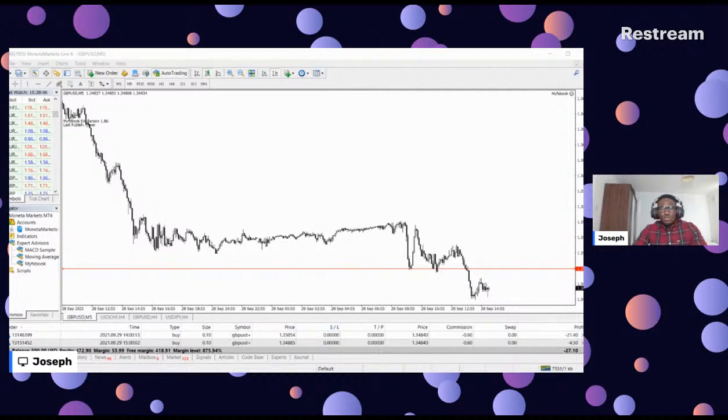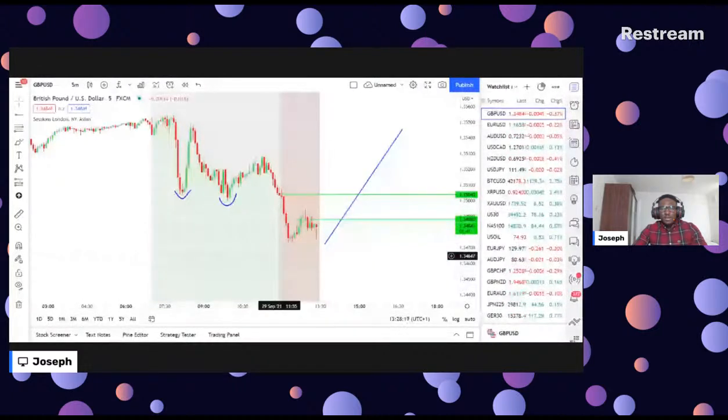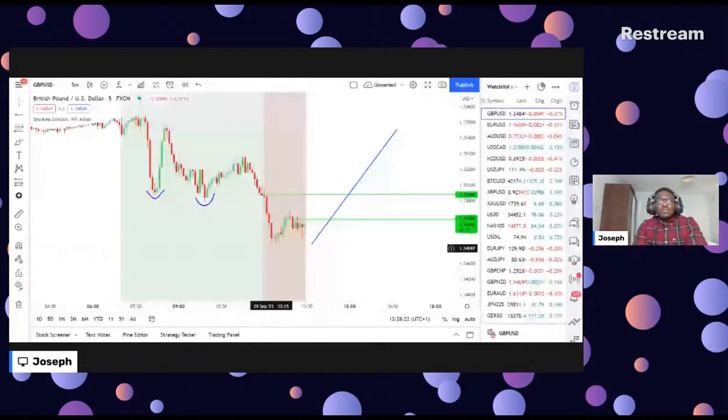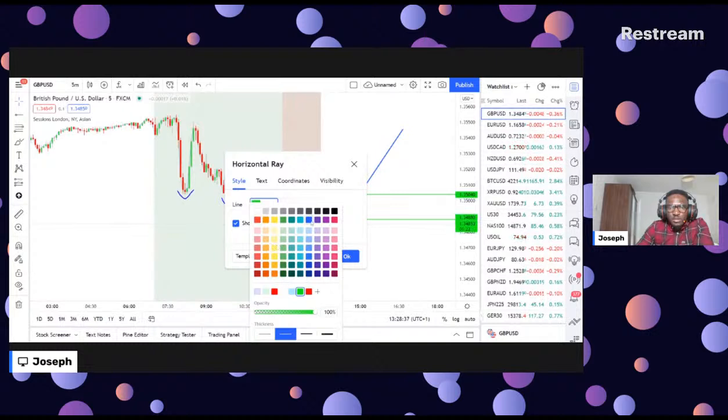So let's go over to TradingView. Like I said, I don't like this MT4 platform. I don't know how people trade on MT4, but it's probably not for me. Let me make this blue.